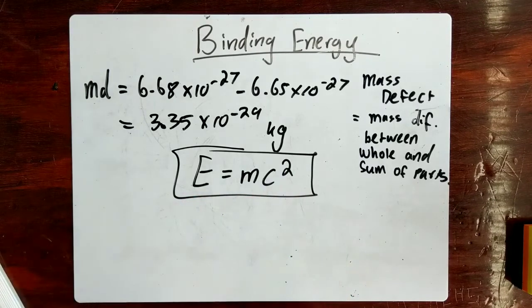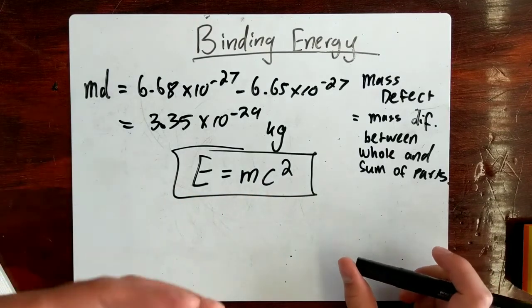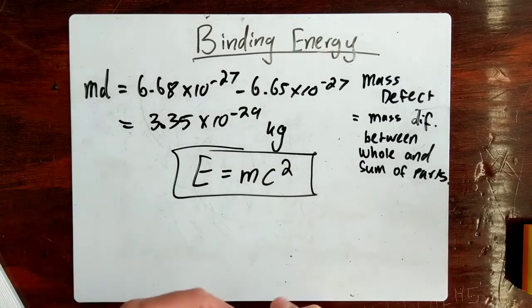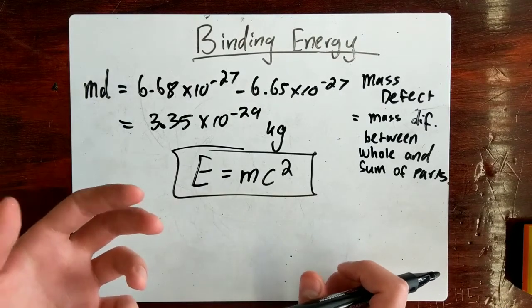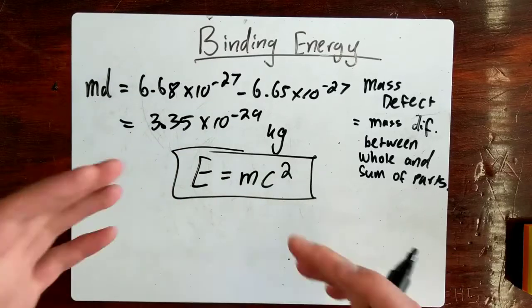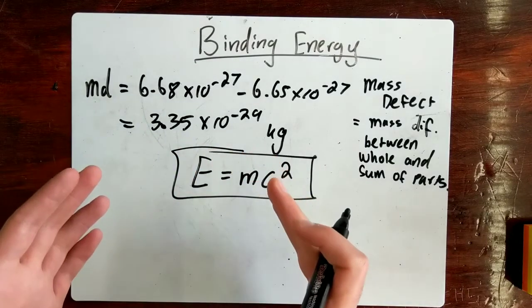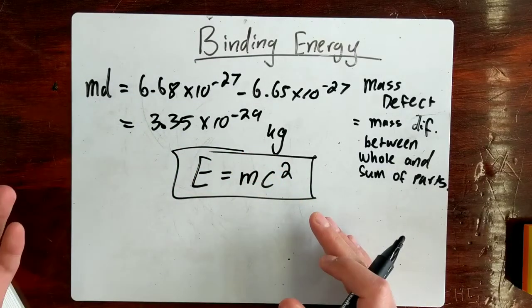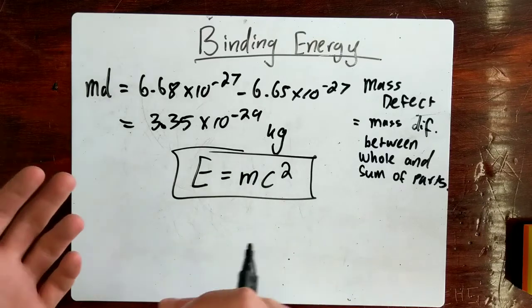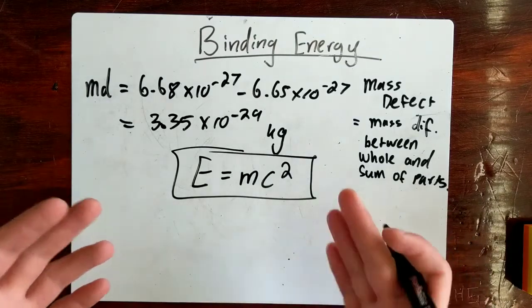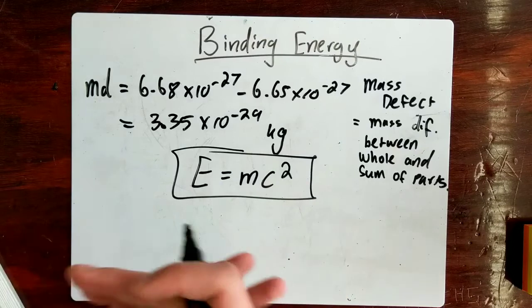And when we say in reactions that mass is conserved, or we say that energy is conserved, really, each of those things on its own is not conserved, because mass can be converted into energy, and energy can be converted into mass. They're two sides of the same coin, mass and energy.